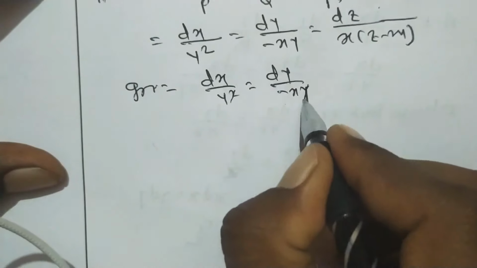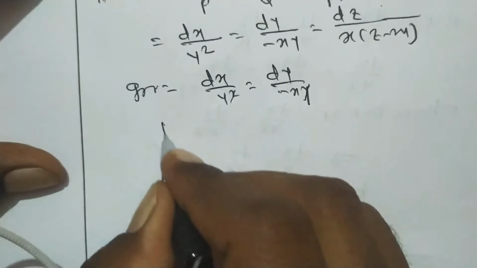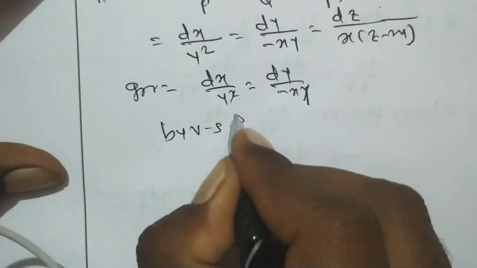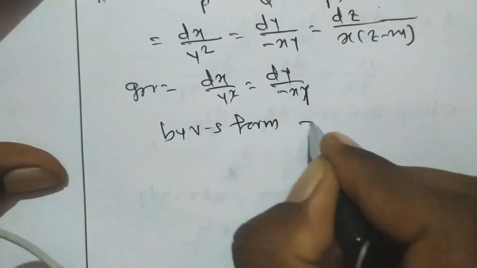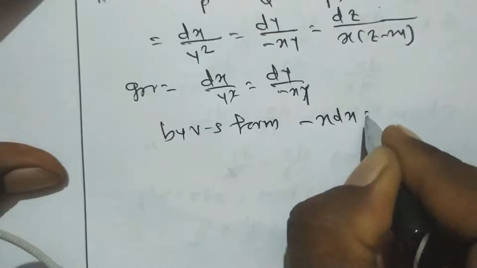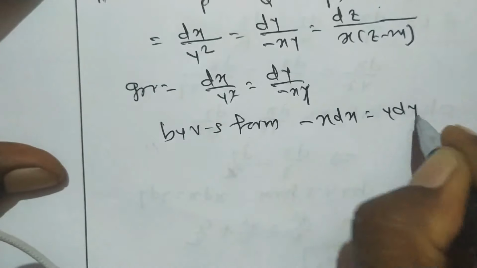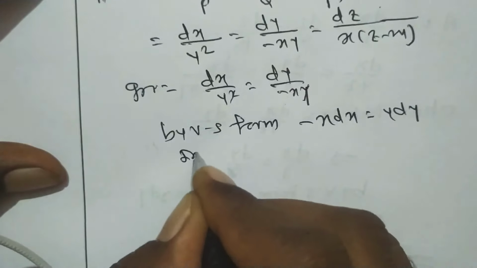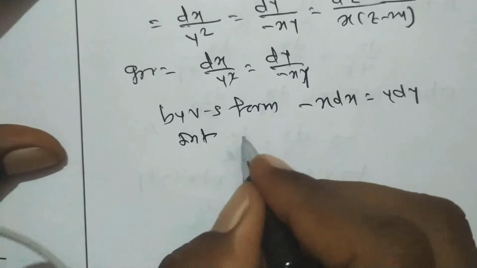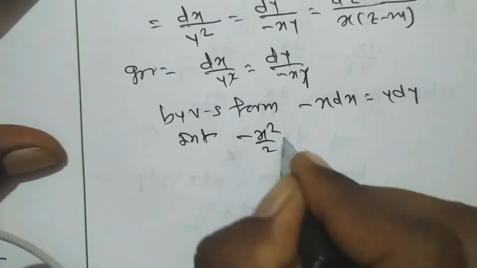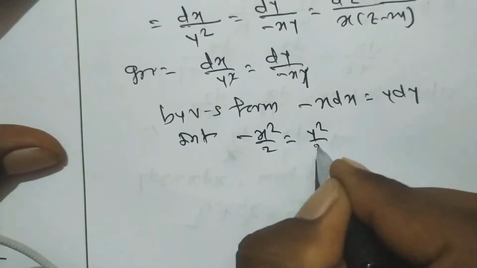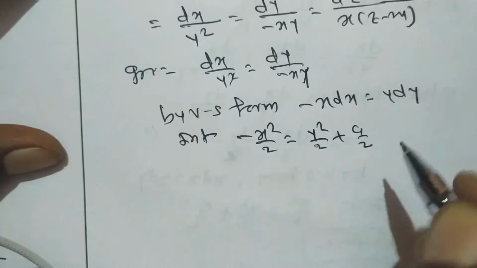Here one y gets cancelled. Again if we take the cross product, or by variable separable form, here minus x dx is equal to y dy, and take integration of this, then we get the solution minus x square by 2 is equal to y square by 2 plus c1 by 2.